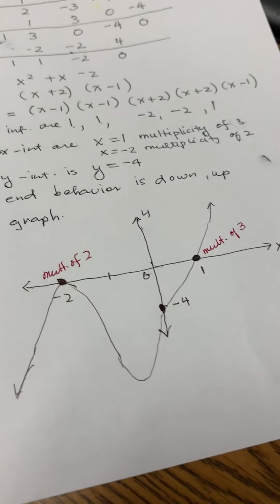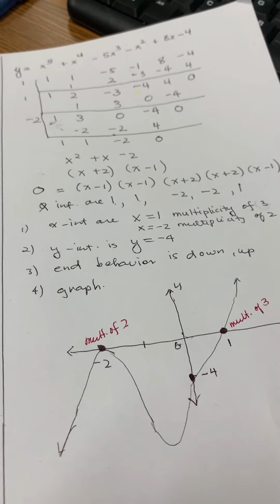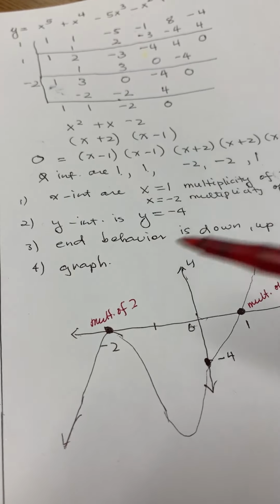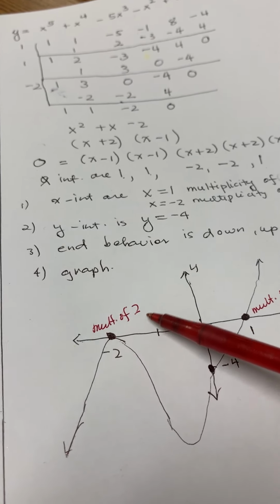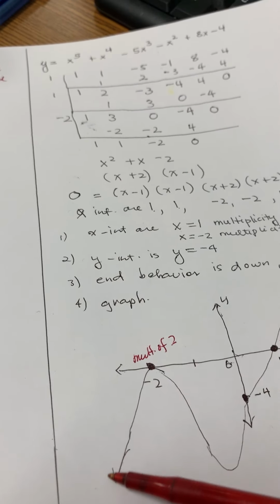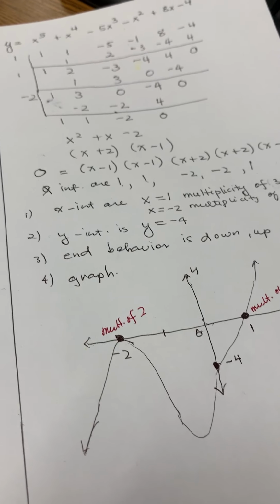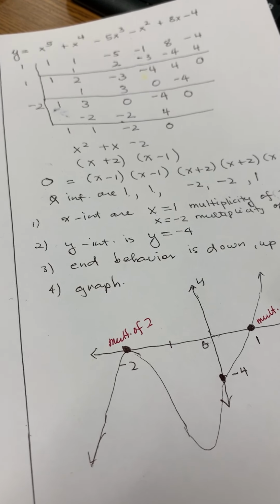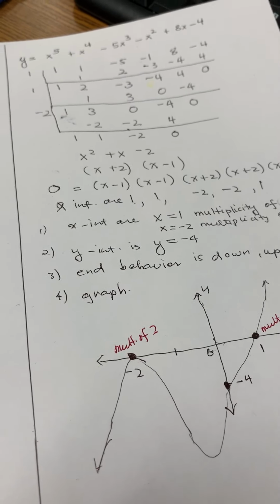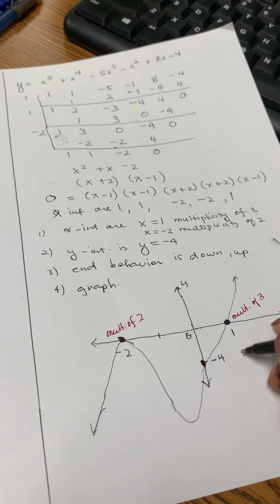We are not worried about multiplicity when it is odd. We just do what we've been doing before. We just cross. The only new thing is when the multiplicity is an even number, you do not cross. You just touch it. If you are below the x-axis, you stay below the x-axis. If you were above the x-axis, then you stay above the x-axis. You do not cross.